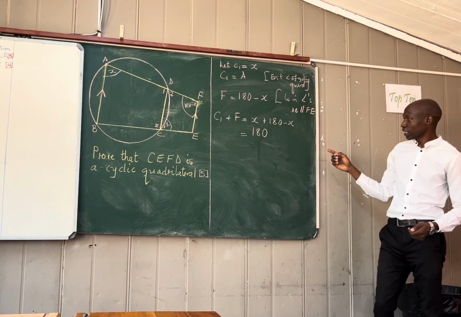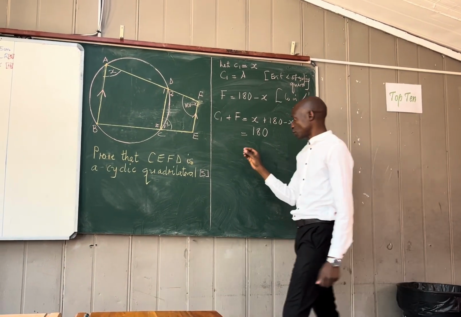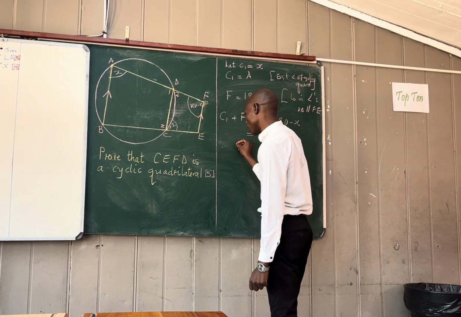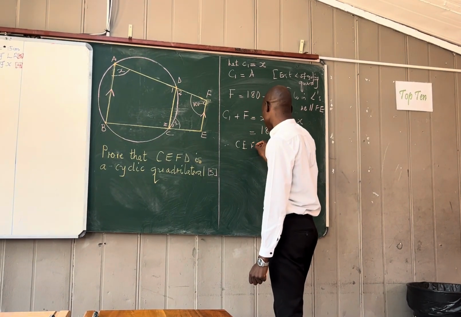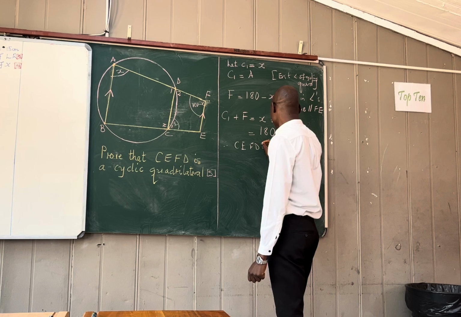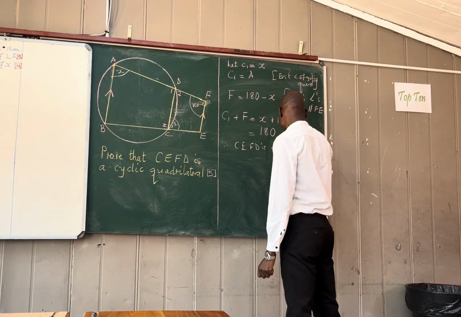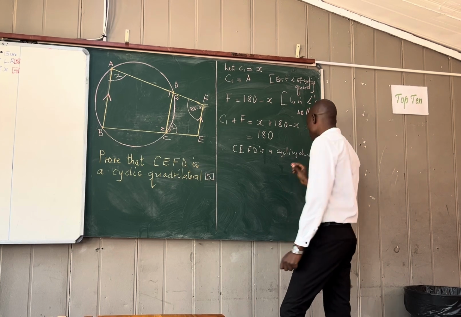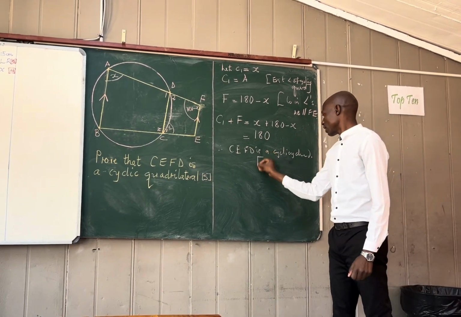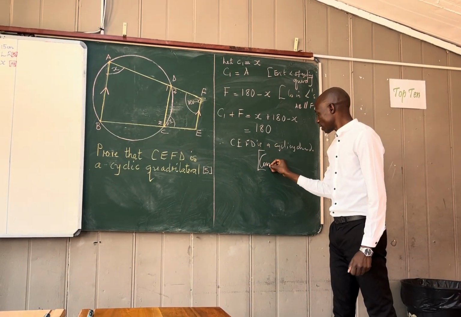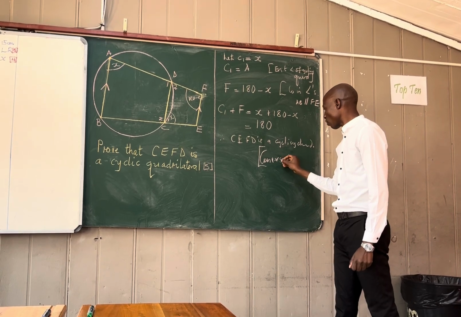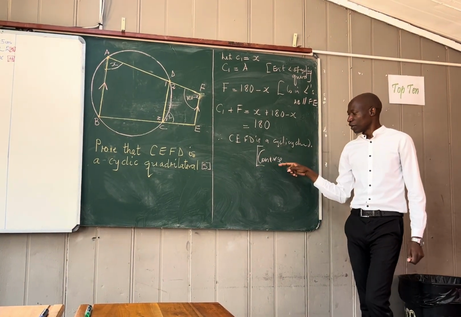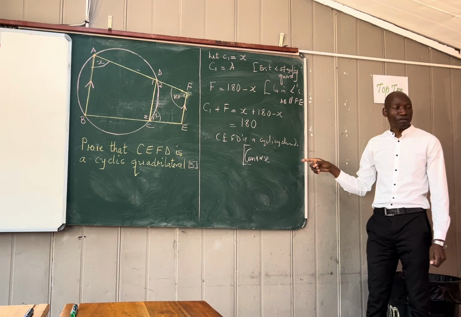But when you state the reason, it is very important to note it as follows. Therefore, CEFD is a cyclic quad. And why? The reason is converse. It's very important to mention the word converse because you are working in reverse of the theorem.